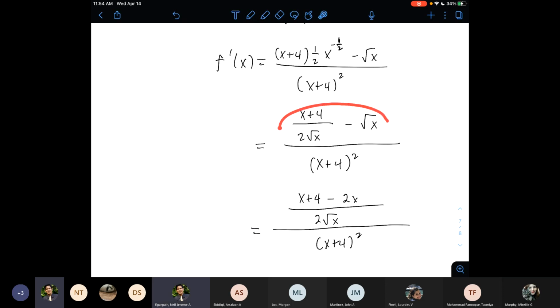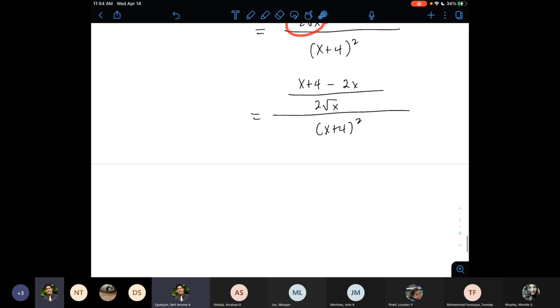Right? So I just added these two fractions into a single one. The least common denominator is 2 root x. Now I think it's clearer because the numerator would be 4 minus x all over 2 root x, x plus 4 quantity squared. And this would be negative if x is what?